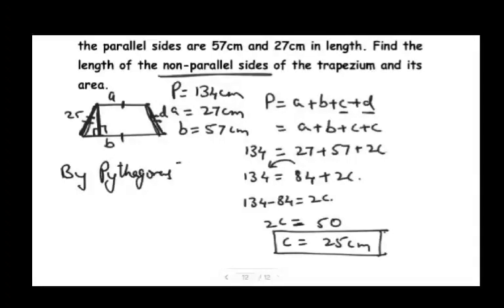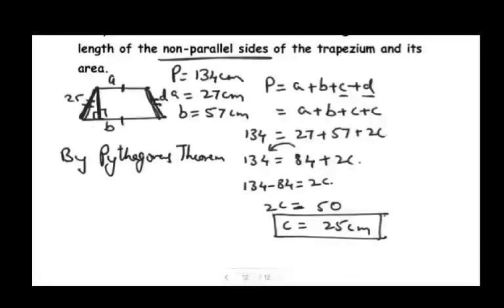What is the measurement of this part? If B is 57 and A is 27, I get this extra part as 30. Correct? This part is 30.